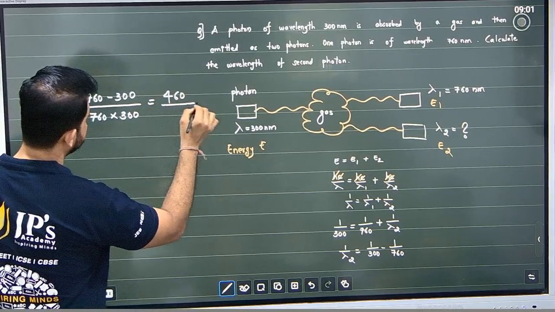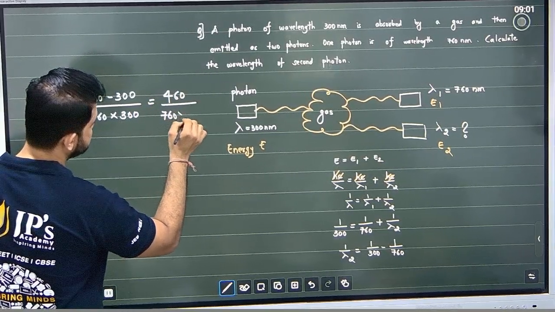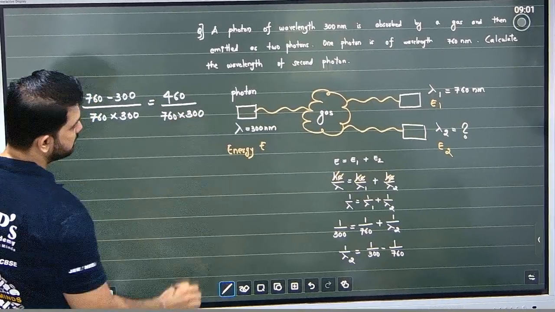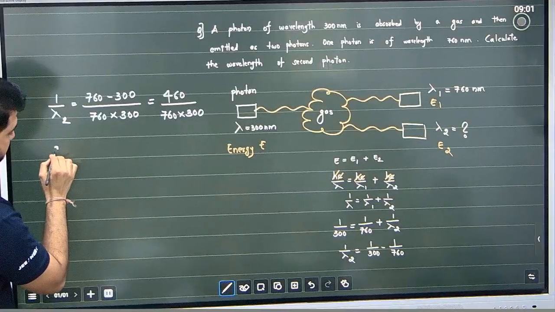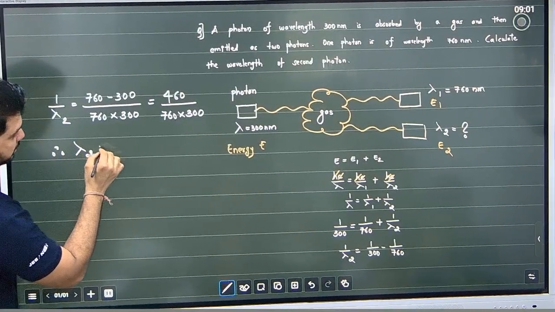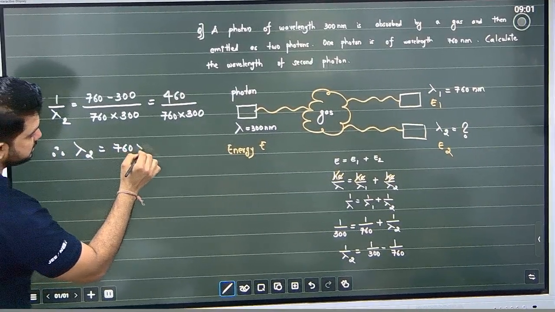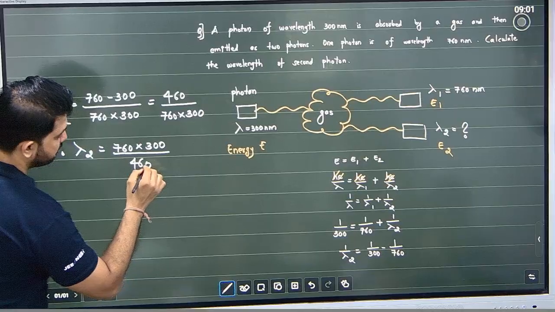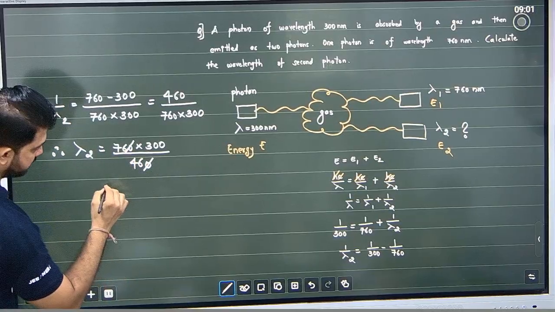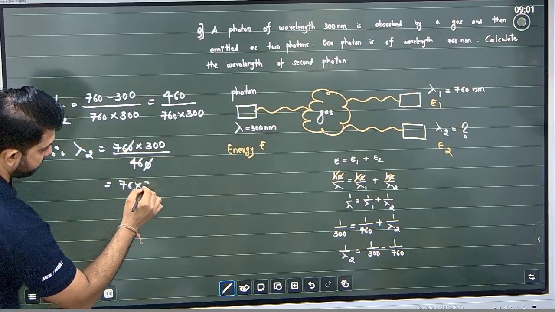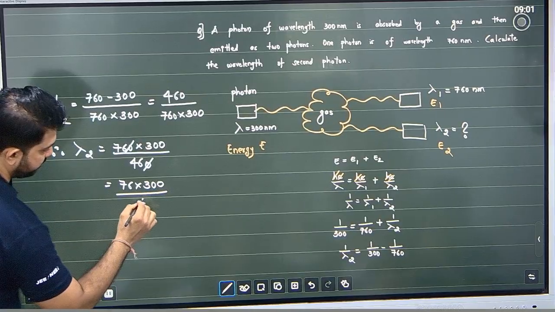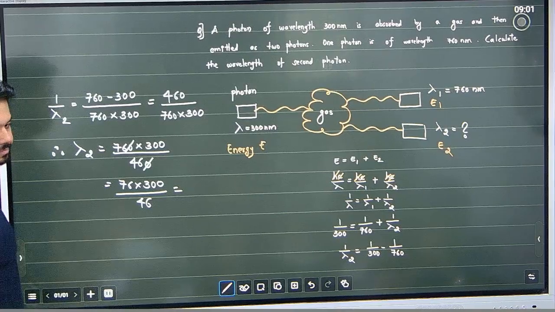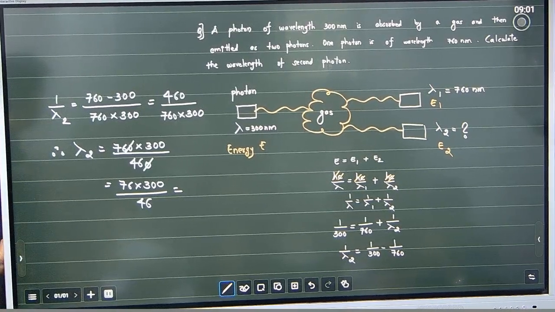So it's like 460 over 760 into 300, and therefore lambda 2 will be 760 into 300 over 460. Calculate and give me the final answer.